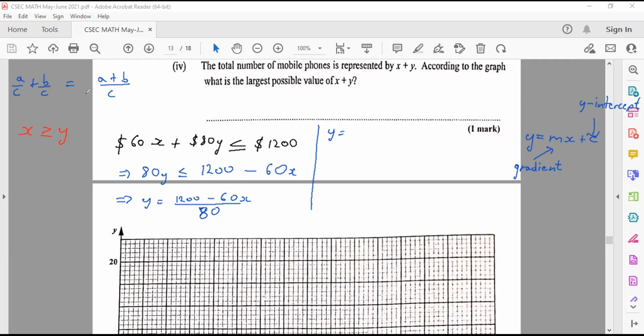Let me show you in yellow. If I have a over b plus c, I cannot say that this is a over b plus a over c. That would be wrong. I can't split them up. They don't have the same denominator.